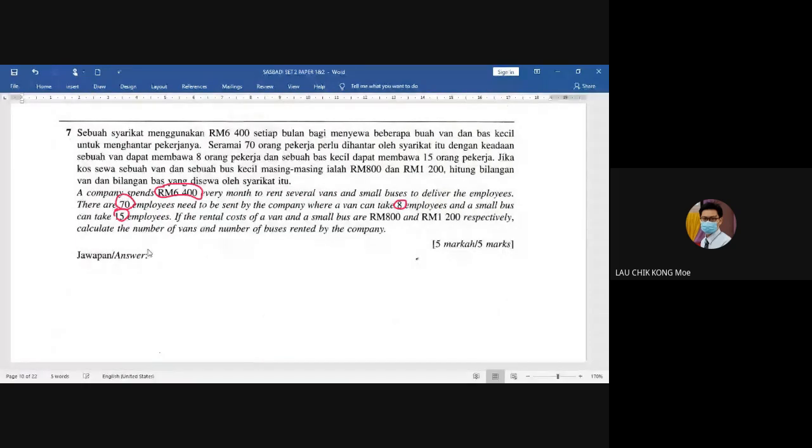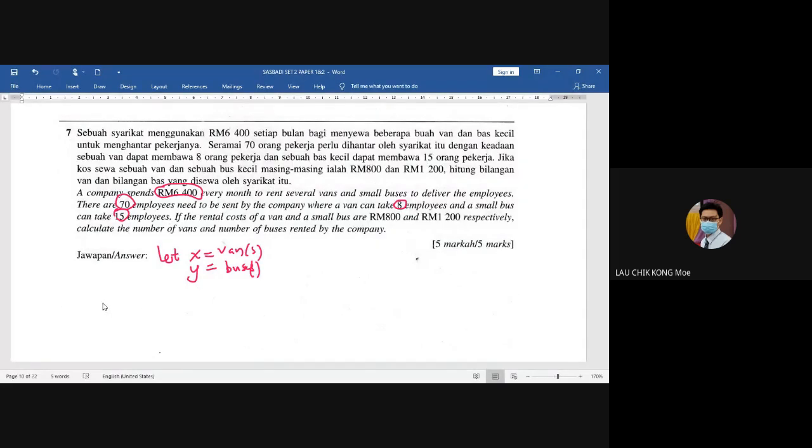So maybe we can make this one first. First of all, we let X is the number of vans, Y is the number of buses. Okay, either one lah. Tapi awak tulis the number of. Saya nak cepat, saya tidak tulis the number of.